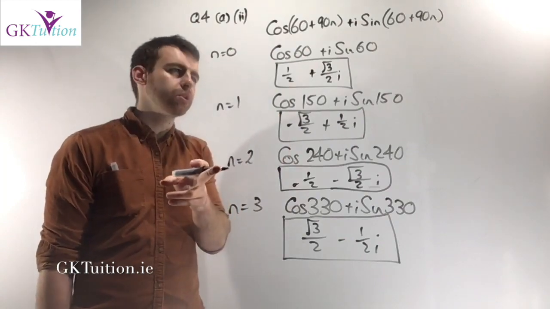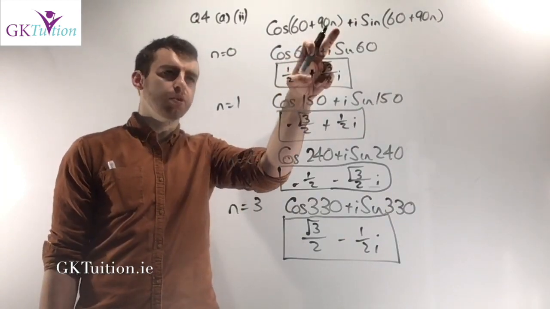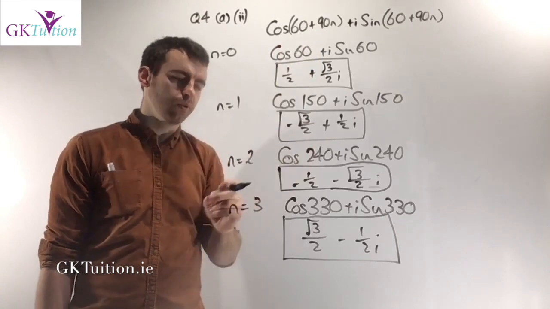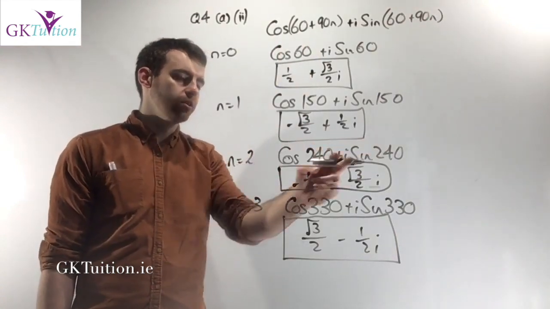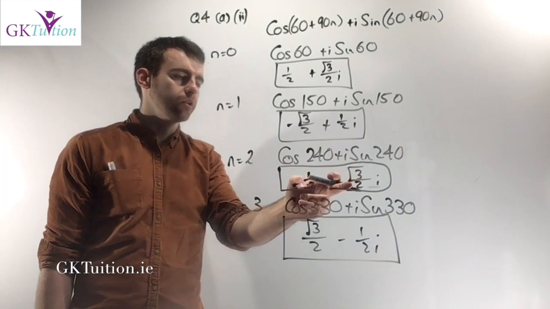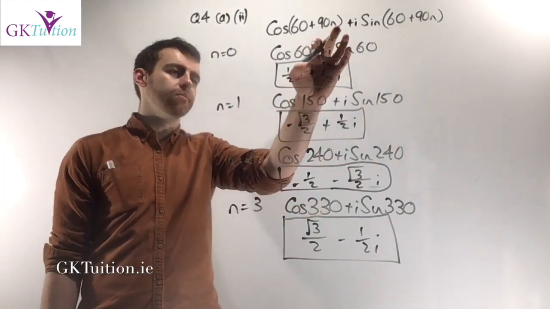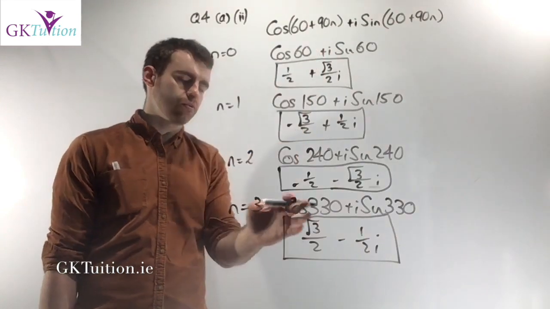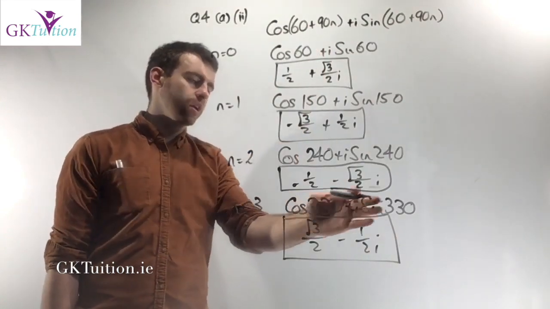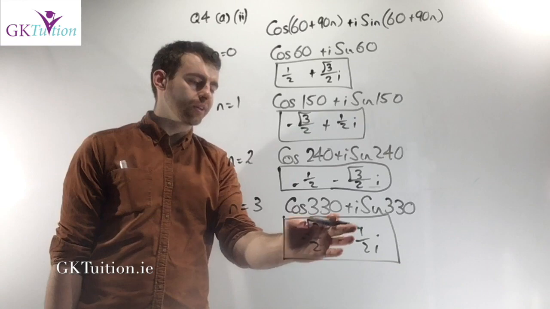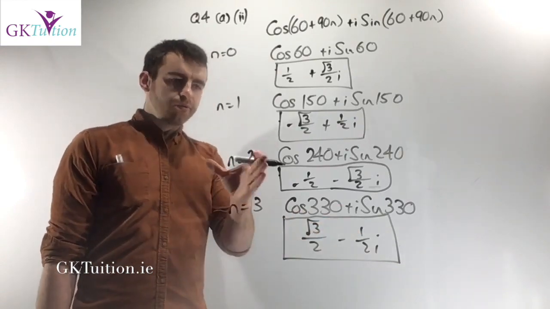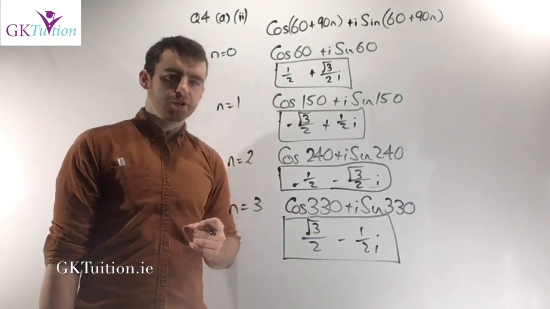If you sub in n equals 2, 90 times 2 is 180 plus 60 gives you 240. We get cos 240 and sine 240, it gives me minus a half minus root 3 over 2 i. And if I sub in n equals 3, 90 times 3 is 270 plus 60 is 330. Cos 330 plus i sine 330 becomes root 3 over 2 minus a half i. So there are your 4 answers, the 4 possible values for w.